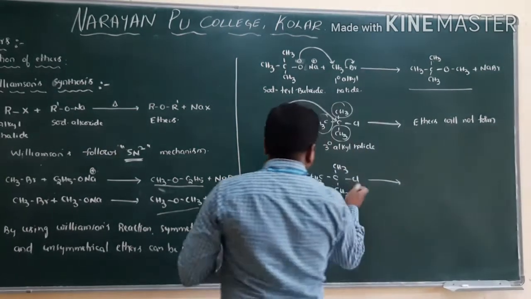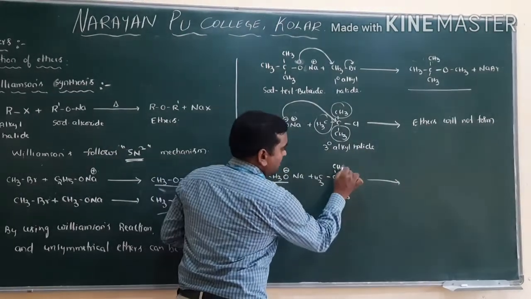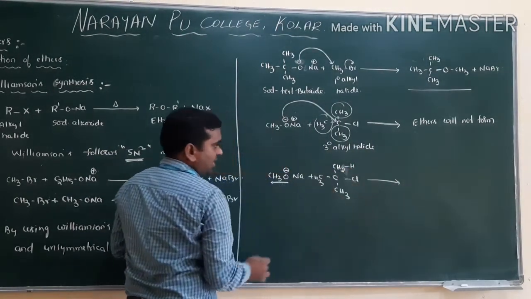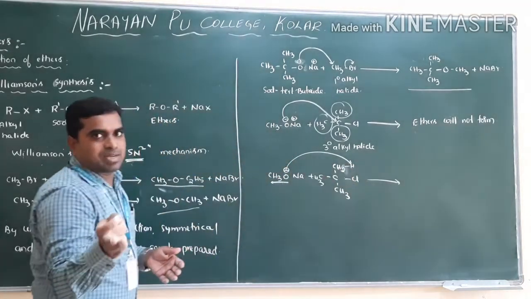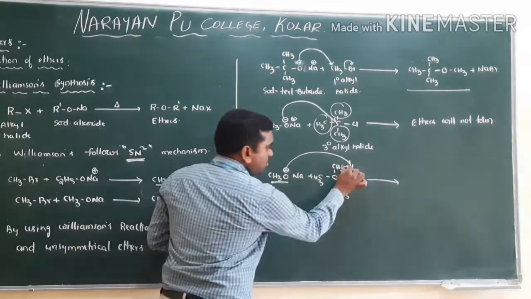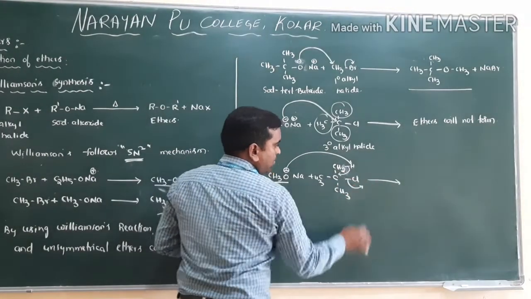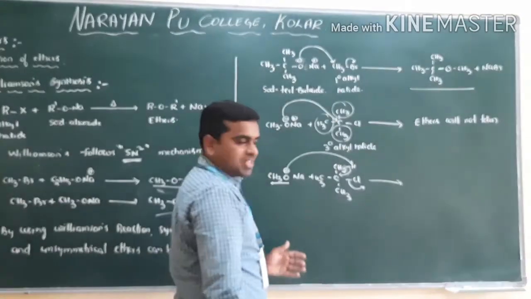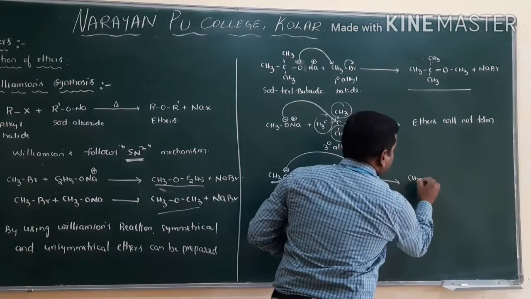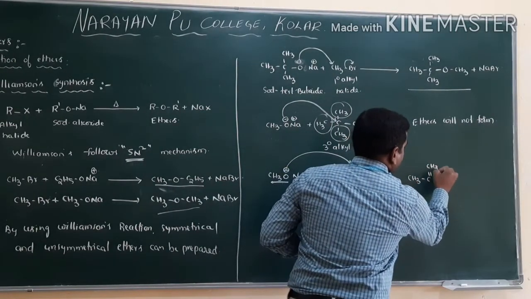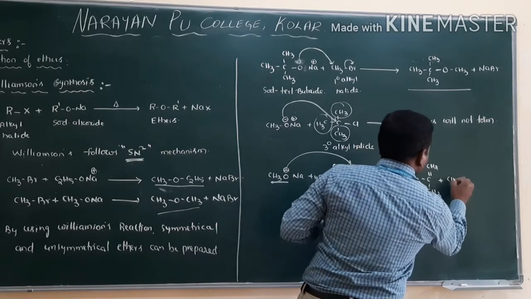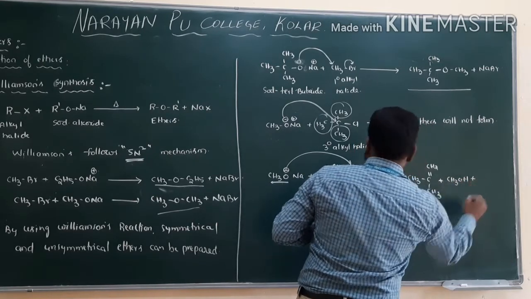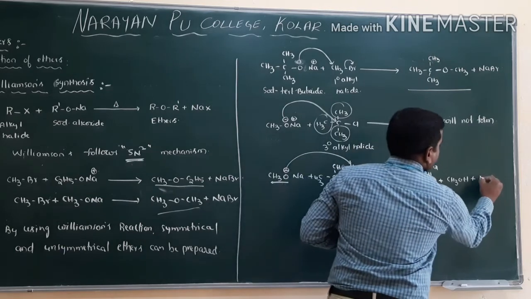A base always accepts a proton. So what will happen here? An elimination reaction takes place. It accepts the proton, now this bond will come here, and chlorine will be removed. So what product will you get? CH3 C double bond CH2 CH3 plus CH3OH, plus NaCl.